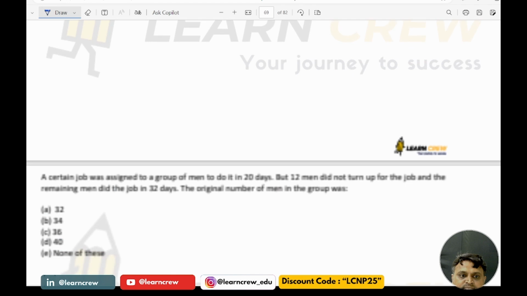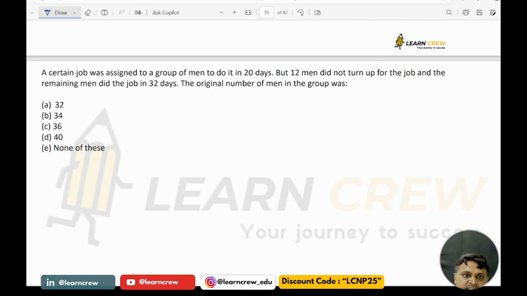Next. A certain job was assigned to a group of men to do it in 20 days. But 12 men did not turn up for the job, and the remaining men did the job in 32 days.